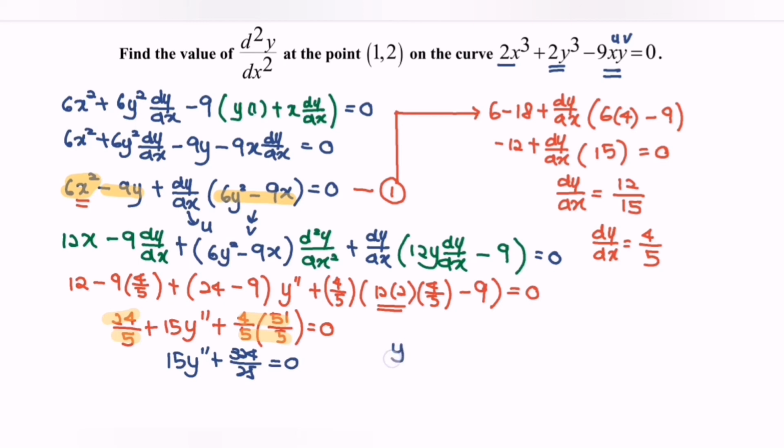The second derivative will equal negative 324 over 25 multiplied by 1 over 15. So we will have the second derivative equals negative 108 over 125.